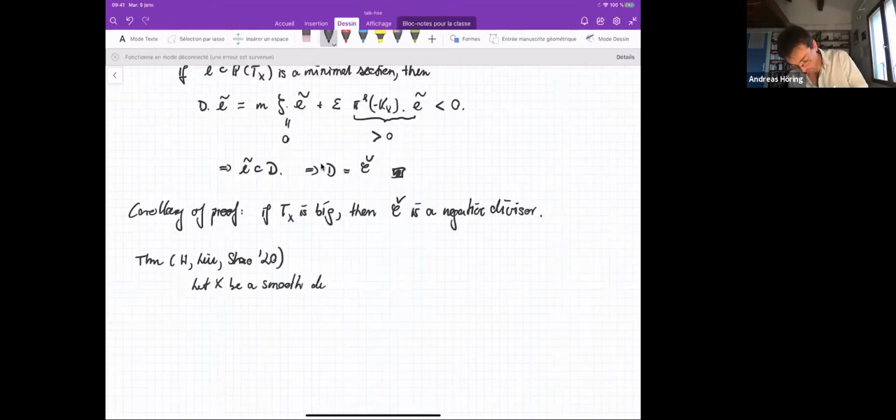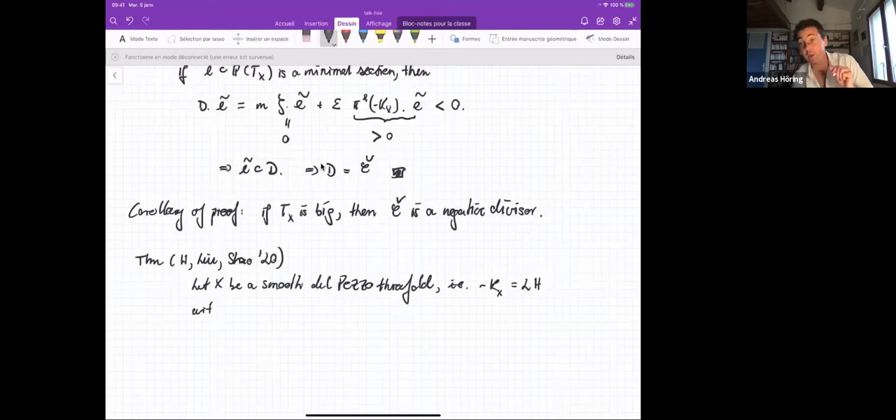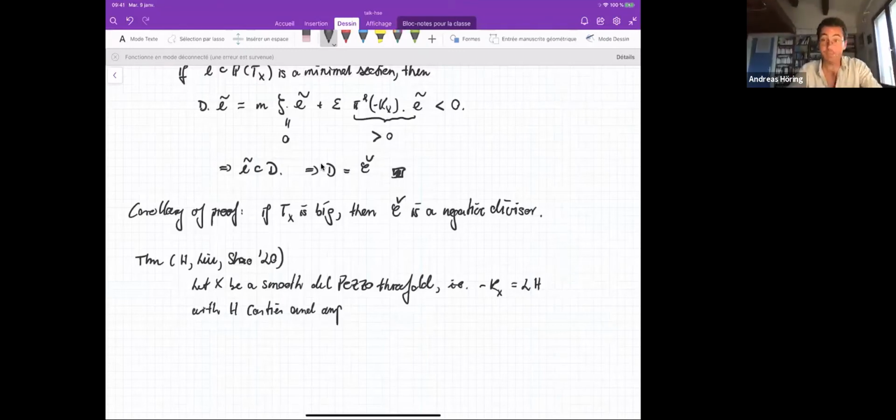So what do I mean by this? This means that minus Kx is equal to 2H with H Cartier and ample. So you have a Fano manifold of dimension 3 with the special property that the anticanonical is divisible by 2.